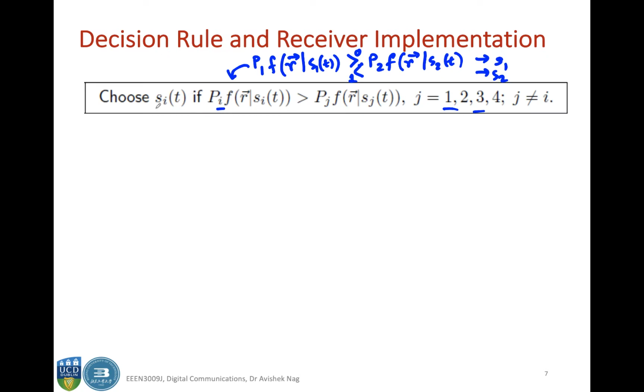So you choose Sit if your Pi times this conditional probability is greater than Pj times the conditional probability for Sj, where j is not equal to i, and j ranges from 1, 2, 3, 4.